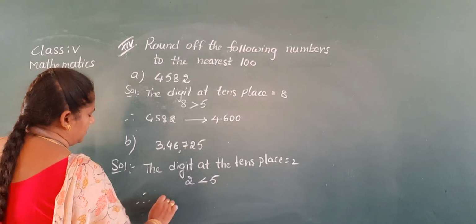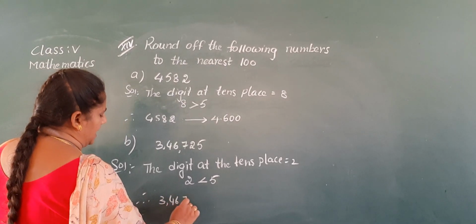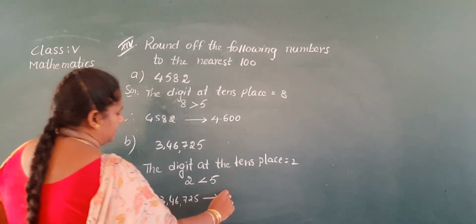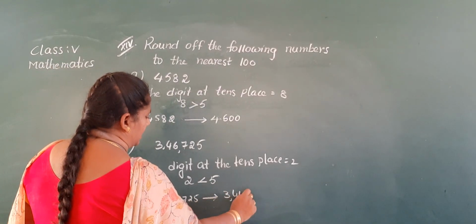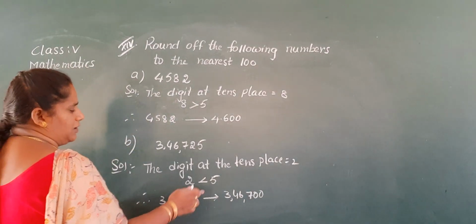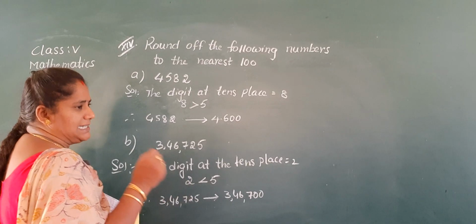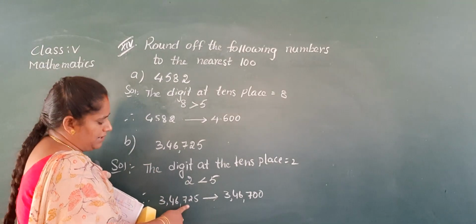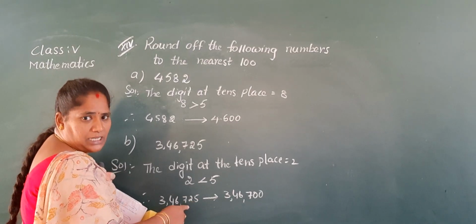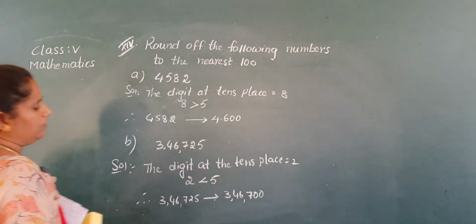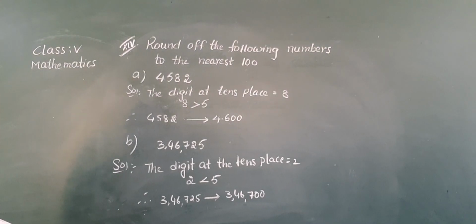Therefore, 3,46,725 is rounded off to 3,46,700 only. There is no change in the hundreds. Why? Because the digit at the tens place is less than 5. You write as it is, and we will keep zeros in the tens and ones places. Okay? Note down in your homework book.